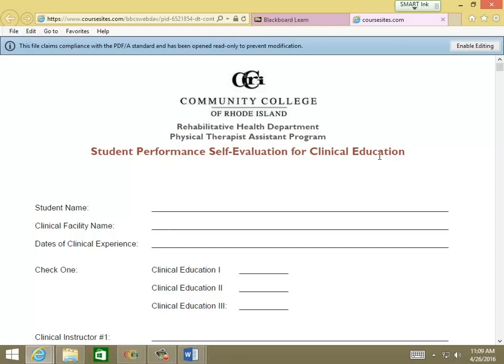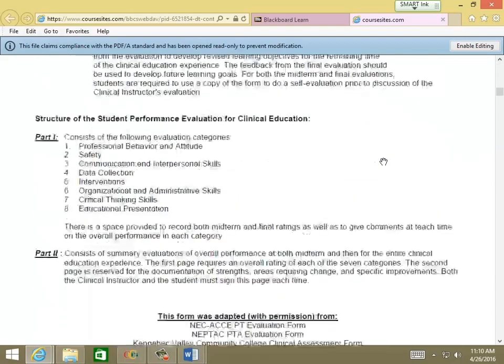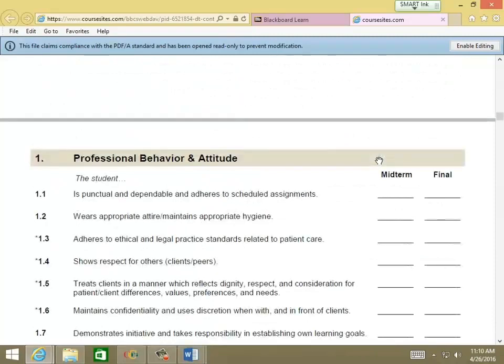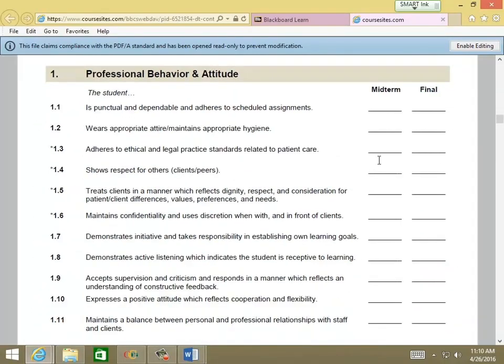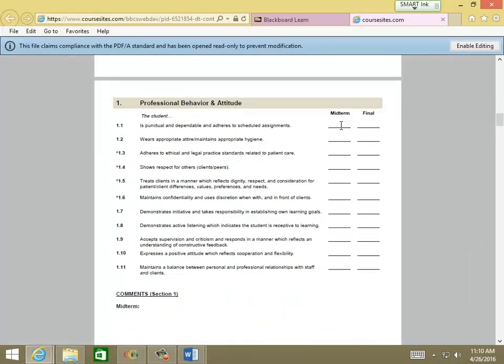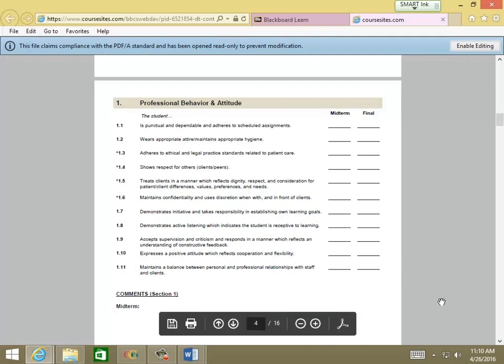So as you review the midterm site visit form and the final performance evaluation with the student, we ask that you give the student their scores in a given area. Take, for example, professional behavior and attitude, which is the first section. You give them their scores, and then the student has the opportunity to take out their self-evaluation, put that on the table and say, okay, and here's the scores I gave myself.